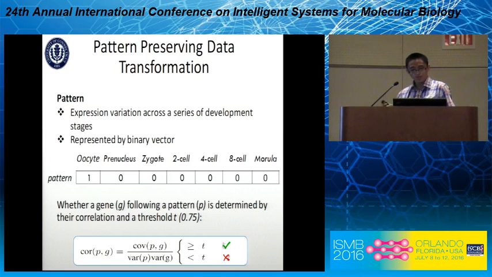If we take the human data as an example, we have a vector with 1 at all sites and all other sites get 0, which indicates a pattern which has a high expression level at those stages and low or no expression at the rest of the stages.